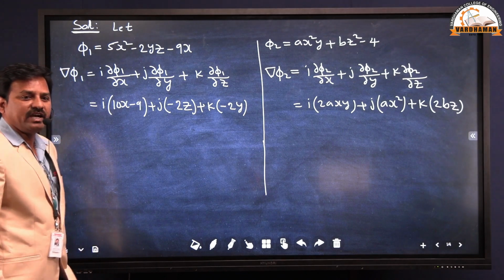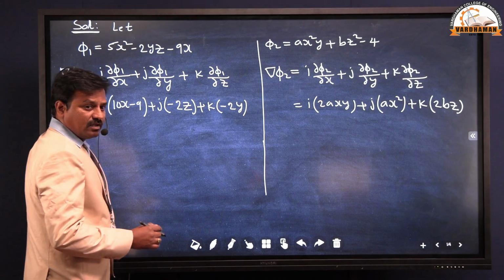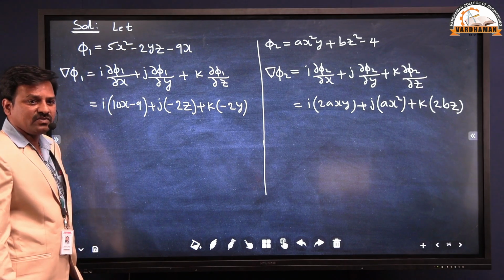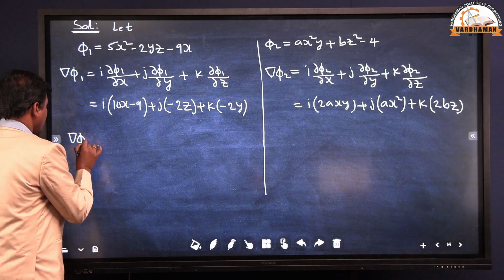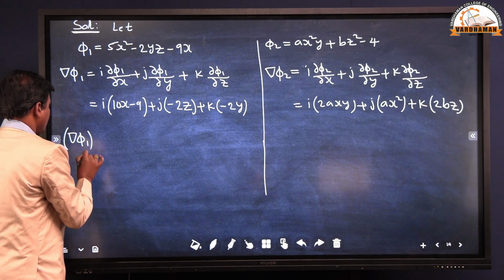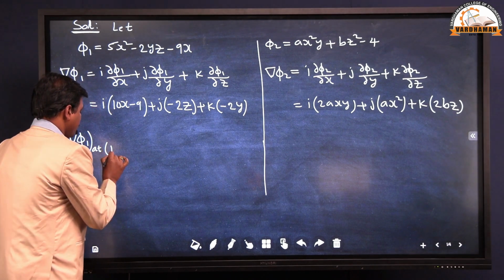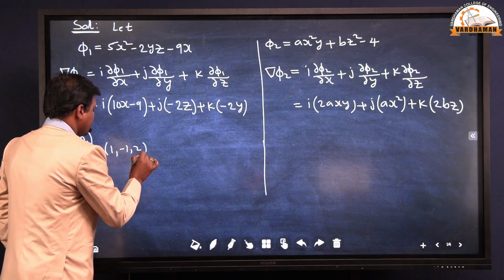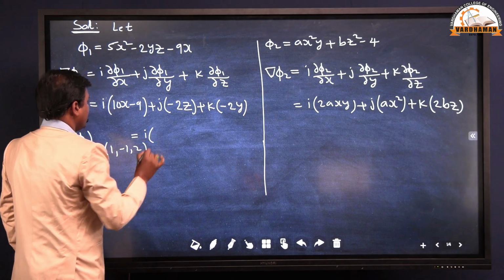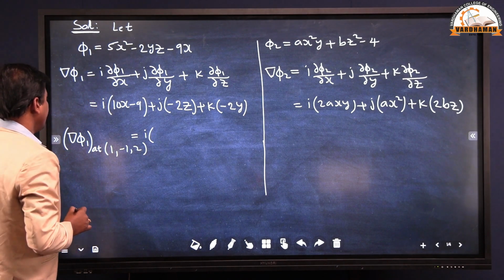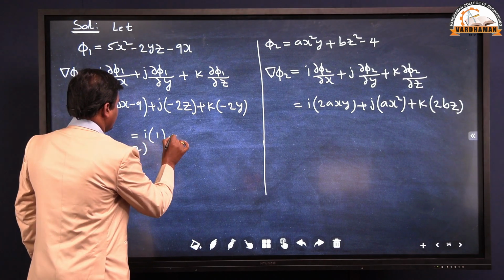Next, we have to find del phi 1 and del phi 2 at the point 1, minus 1, 2. Del phi 1 equal to i into x is 1, so 10 minus 9 is 1.